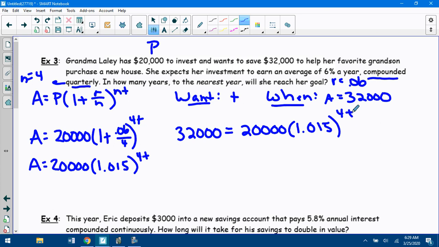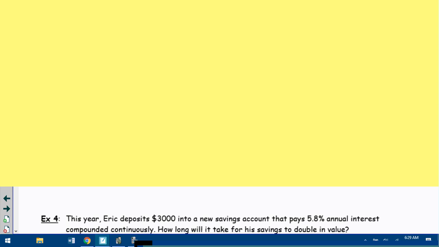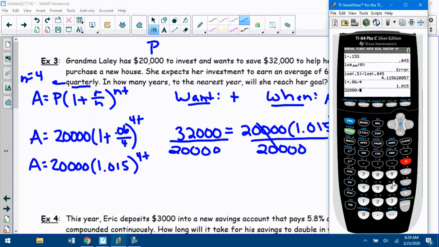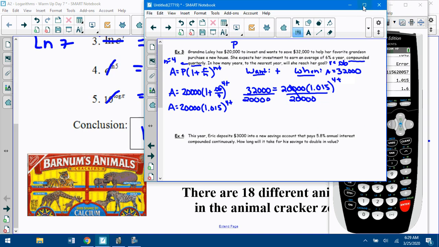So what's the first step? Divide by 20,000. Cancel. And we have 32,000 divided by 20,000, which is 1.6. Not bad.